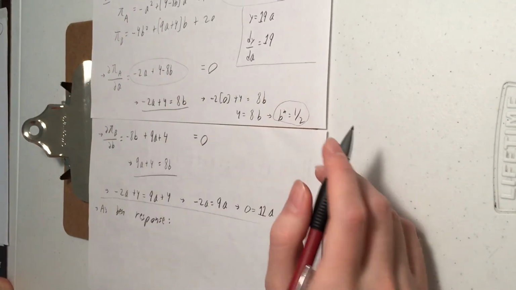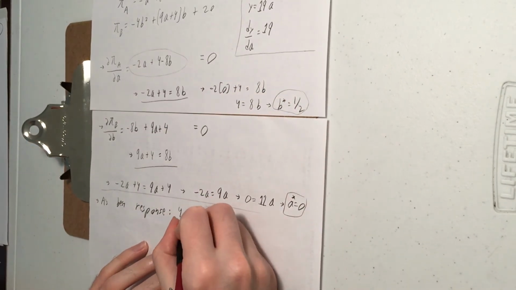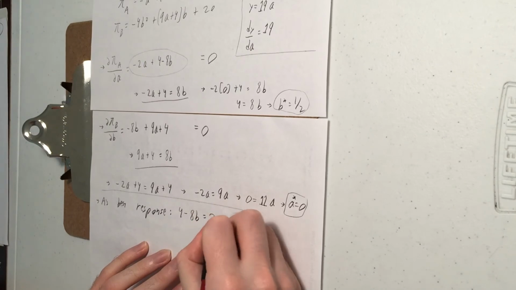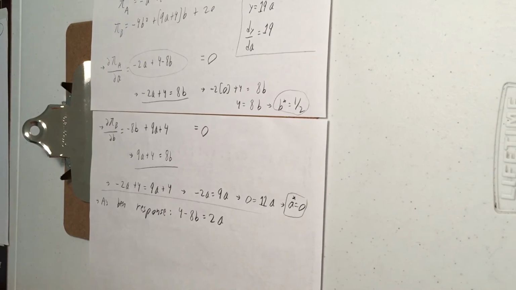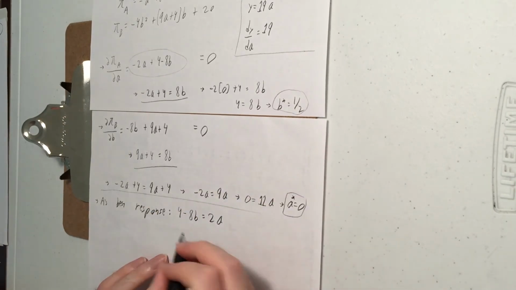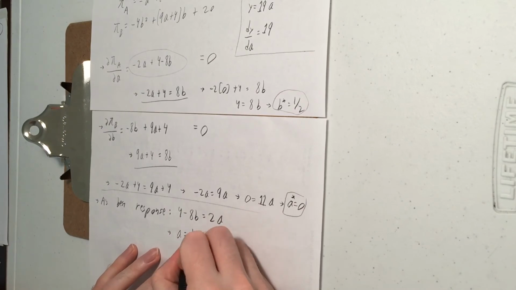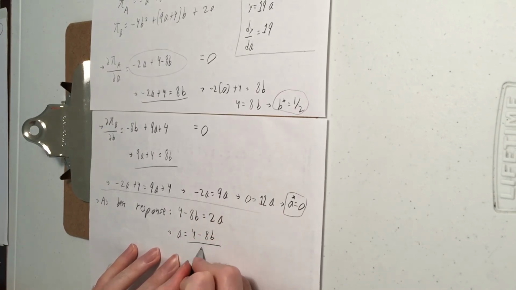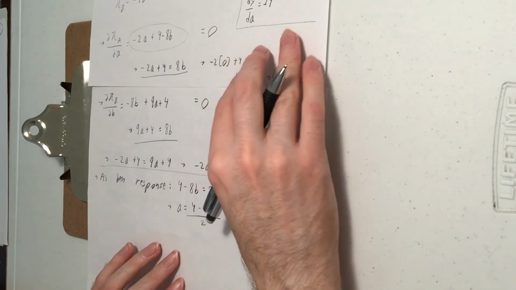So I'll put the 2a on the other side, and I get that 4 minus 8b equals 2a. Then I'll divide both sides by 2 to finish isolating, or I suppose I should say in these times, quarantining the a. So I get that a equals 4 minus 8b over 2, which simplifies further.